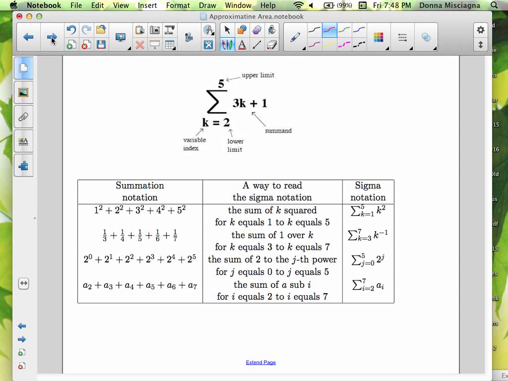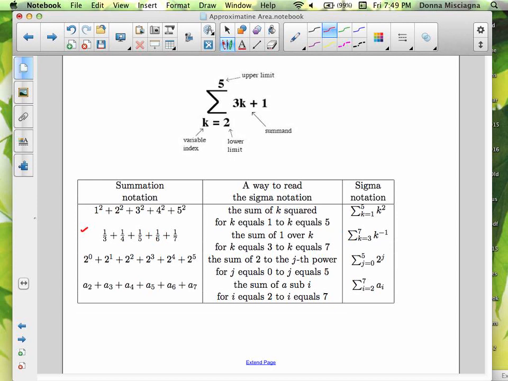So we would start with 3, plugging 3 into 1 over k, so we would have 1/3 plus 1/4 plus 1/5 plus 1/6 plus 1/7. In other words, summation notation is what are the values we're going to be adding up once we do the substitution.